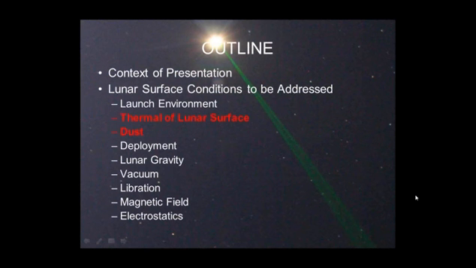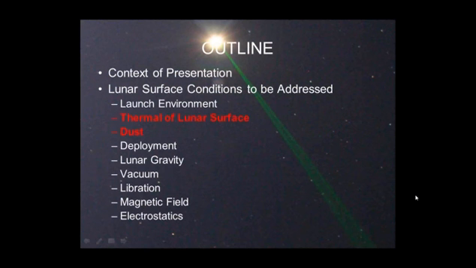The conditions that will be addressed consist of the thermal environment on the lunar surface and the dust environment. The other conditions that one has to address do not strongly affect LROD-21, like launch, deployment. Well, deployment does.